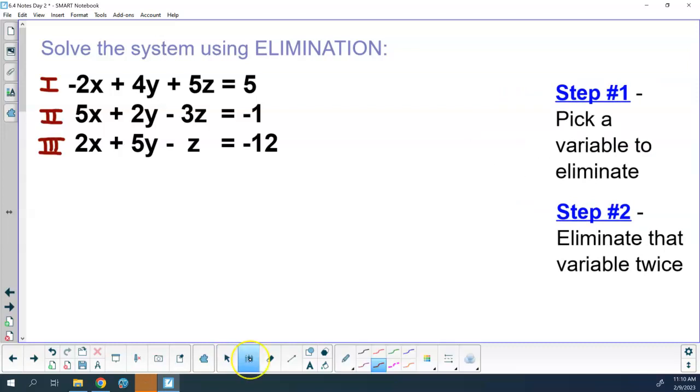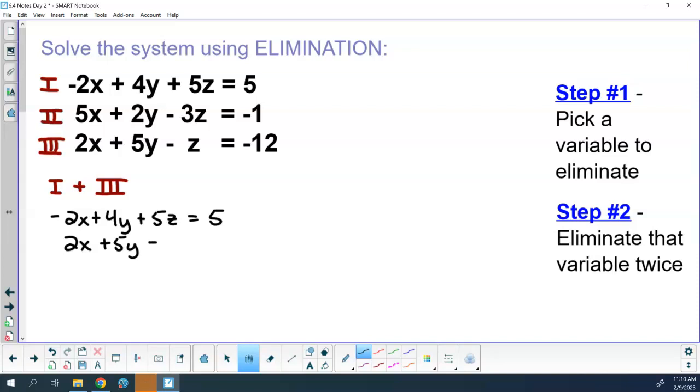So I would choose here to add equation number 1 to equation number 3. If we do that, then I've got negative 2x plus 4y plus 5z equals 5. And I've got 2x plus 5y minus z equals negative 12.